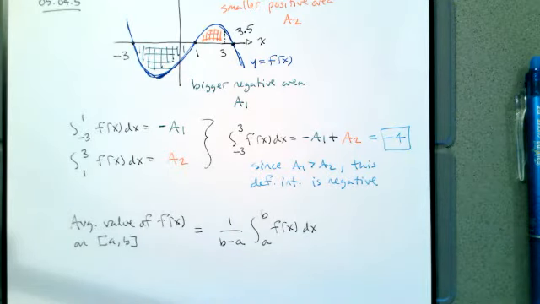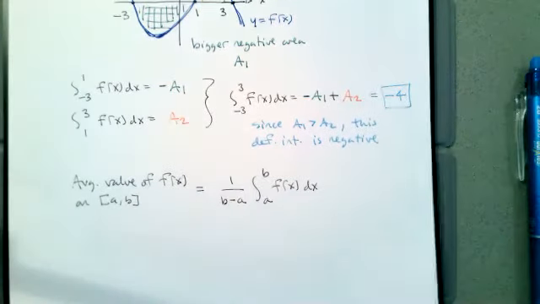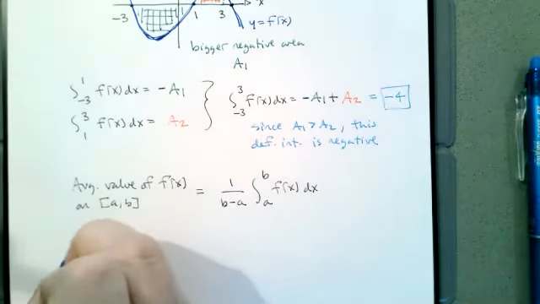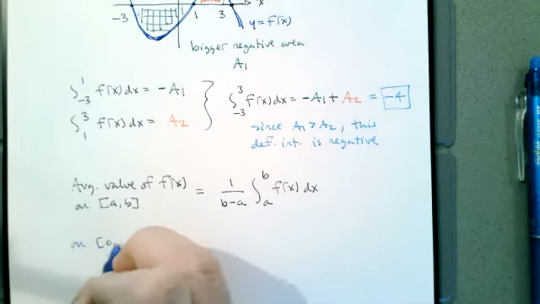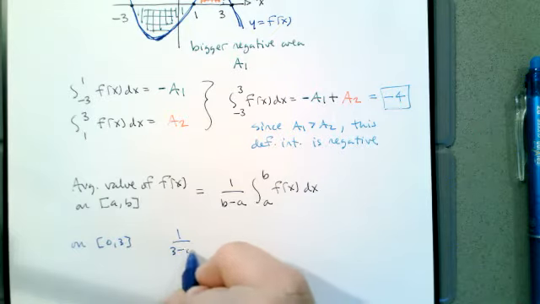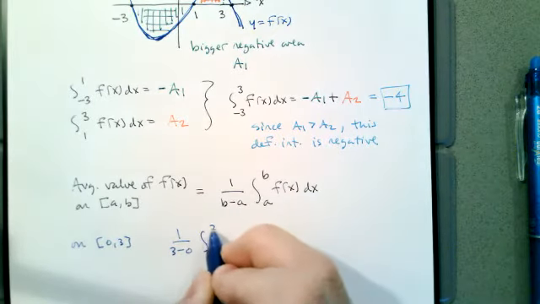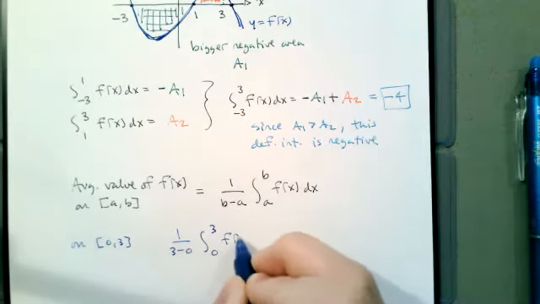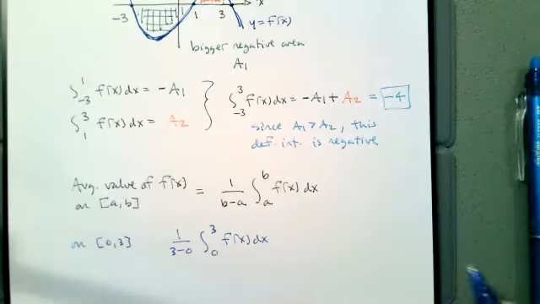So when you're comparing the two average values, between 0 and 3, we'd integrate. So the average value on the interval from 0 to 3, we'd have 1 over 3 minus 0 times the integral from 0 to 3 of f of x dx.